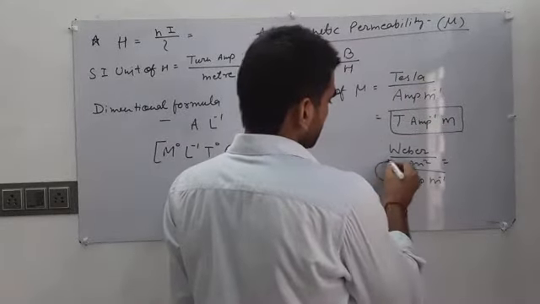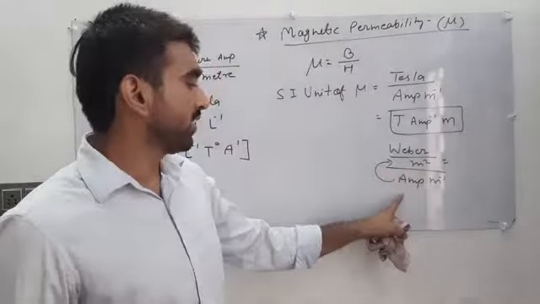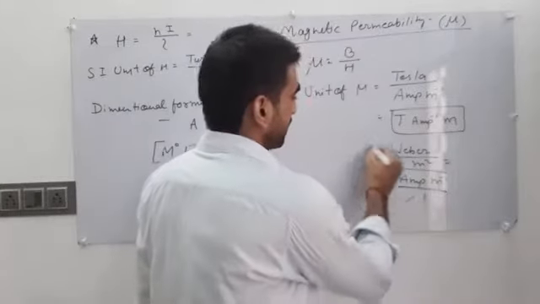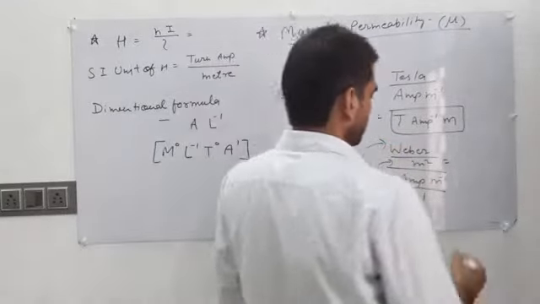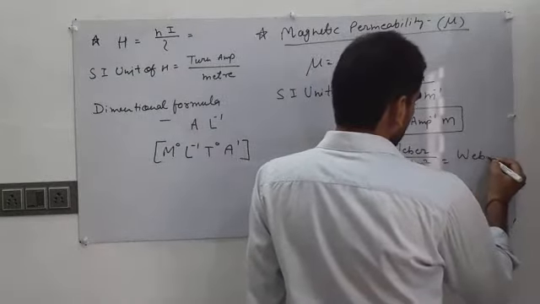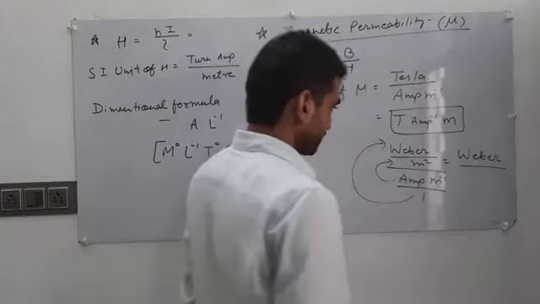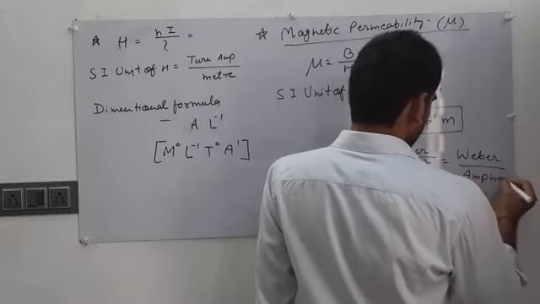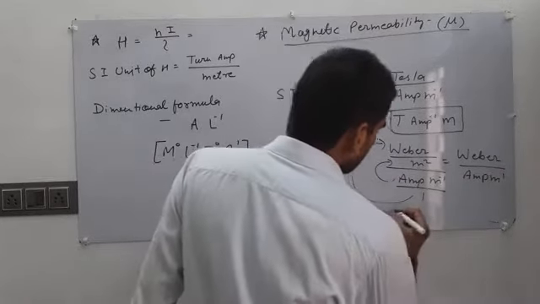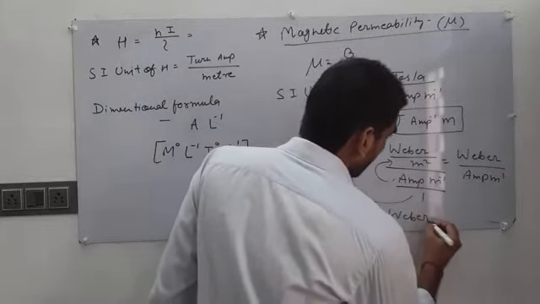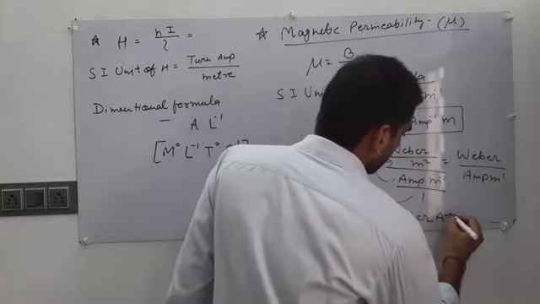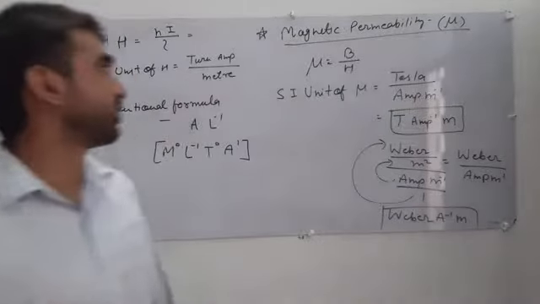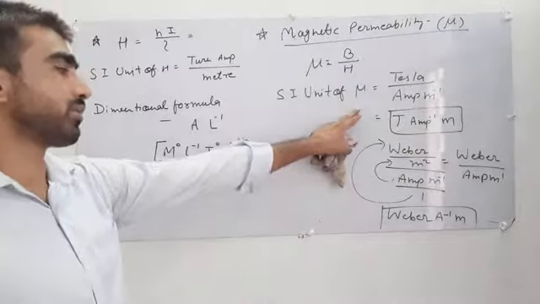Where will this term go? It goes in the numerator, because in its denominator there is 1, so this 1 goes here and this term goes in the denominator. So this becomes Weber per ampere meter. It can also be written as Weber ampere minus 1 meter minus 1. So this is the SI unit of magnetic permeability.